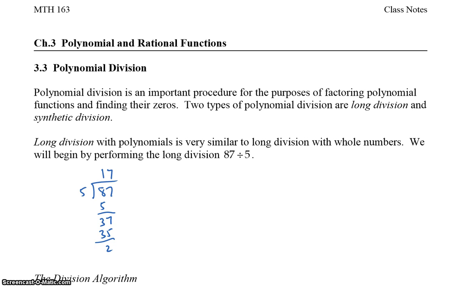Now, the numbers we've obtained here have special names. First of all, the given number 5 is called the divisor.